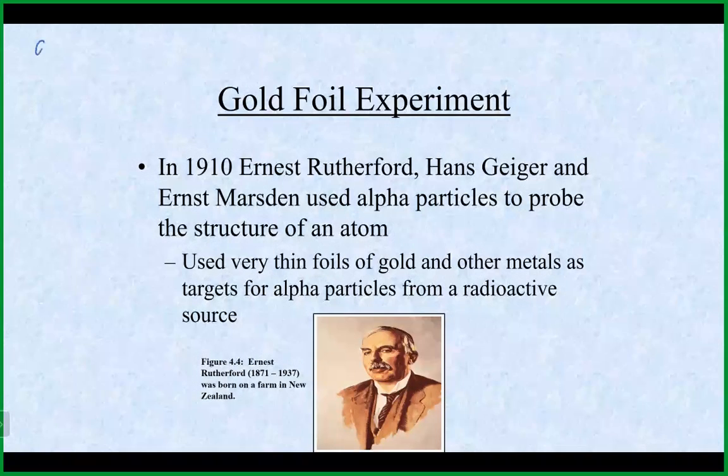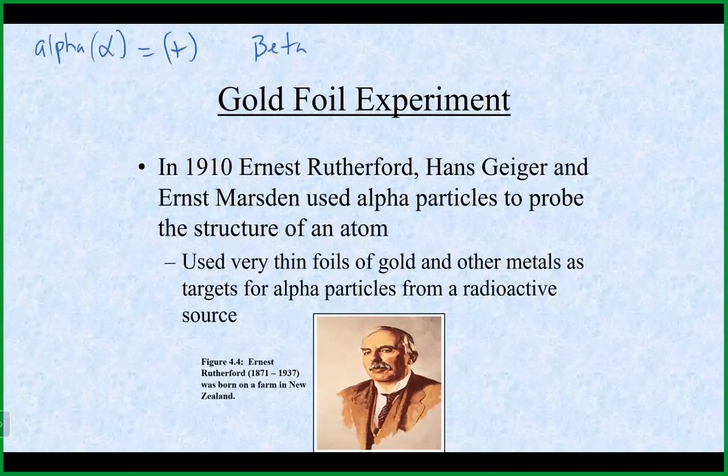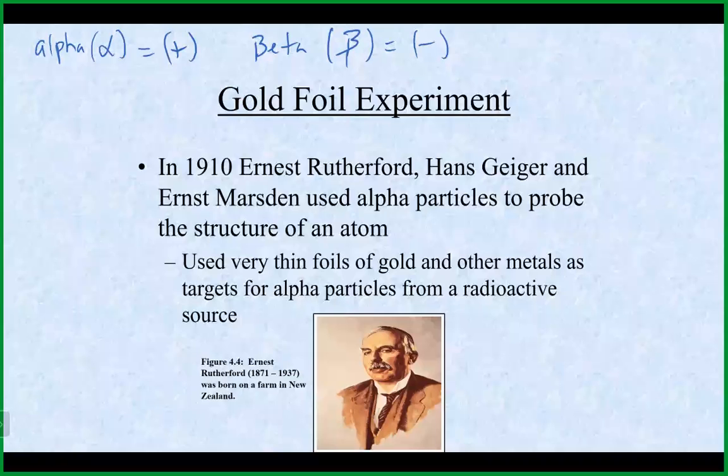There were alpha particles, which are basically positively charged radioactive particles. They're basically helium. There were beta particles, which were basically electrons, so they're negatively charged particles. And the third radioactive particle or ray that is oftentimes used were gamma rays, which basically have no charge.